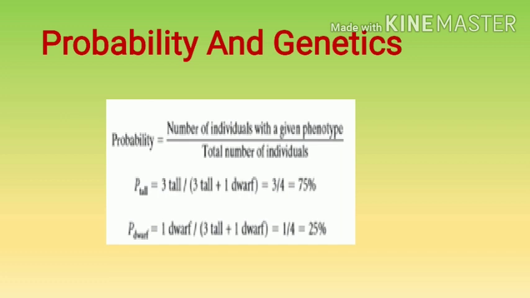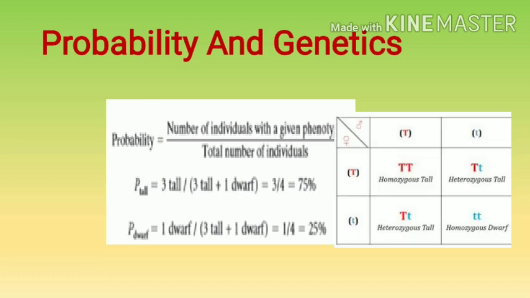Let us discuss the monohybrid cross in this case, and if we look at the F2 generation in the Punnett square, then we can see that the phenotypic probability of getting tall plants is 3 divided by 4. Here 3 is the number of outcomes in which we can get a tall plant, and 4 is the total number of outcomes as we have seen in the Punnett square.